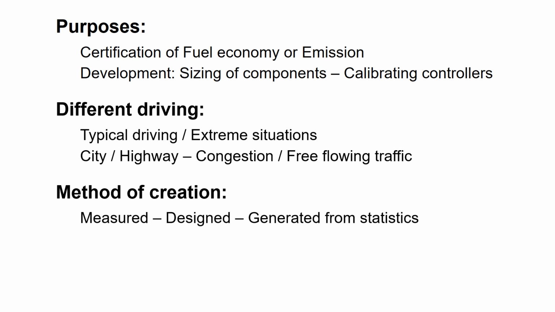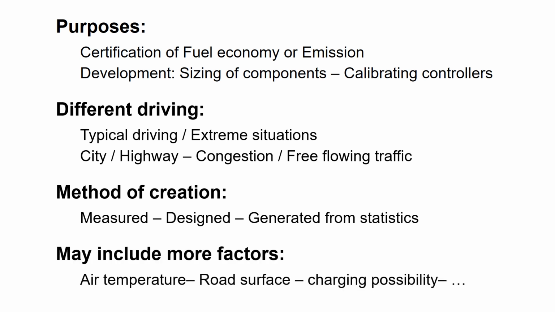This can, for example, be useful when analyzing lifetime durability of components. The driving cycle always includes vehicle speed and sometimes also road gradient, but they may include also other factors that can influence the powertrain. This could, for example, be air temperature, road surface, and when electric vehicles can charge.